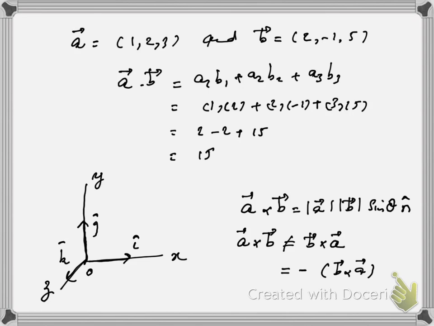Now we have to apply this formula on fundamental directions. So i cross i is equal to magnitude of i into magnitude of i into sine theta n cap. Angle between same vectors is 0.